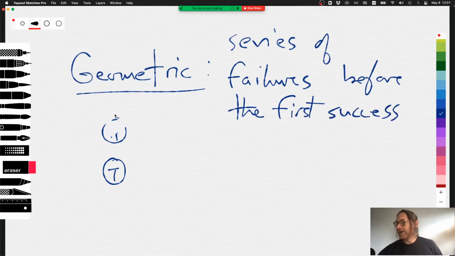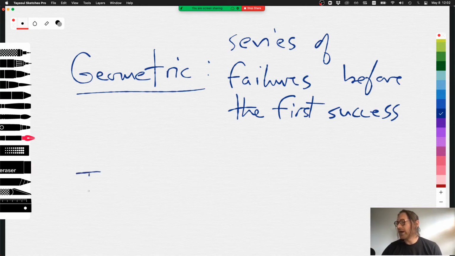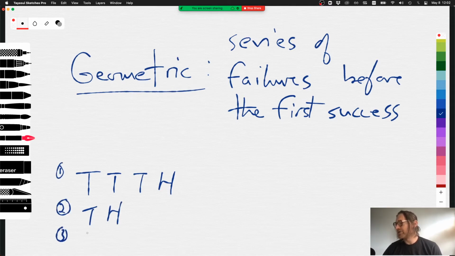And the way that we can think about that is, if we're thinking coin flips, why not think about this in terms of coin flips? It's convenient. That's going to look like, tails, tails, tails, heads. Okay. Tails, heads, right? These are all samples. Here's the first sample, second sample. And let's say we have a third sample that just starts at heads. And we could keep going like this.